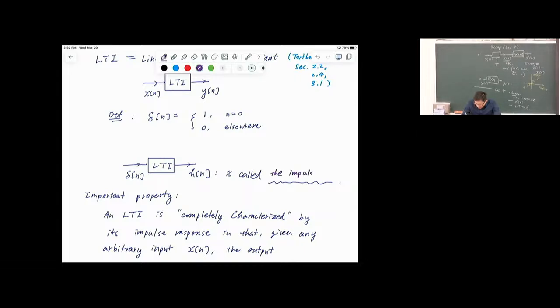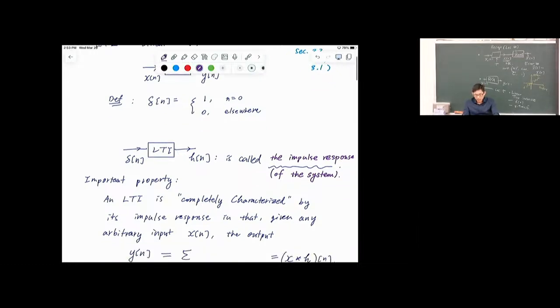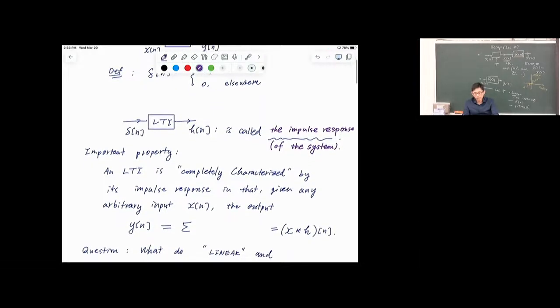So for the name's sake, impulse response means a system's response to the delta function, because delta is an impulse, in discrete time. That is nothing but a definition.